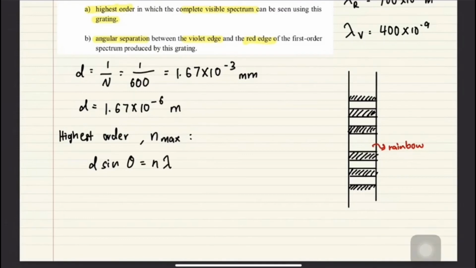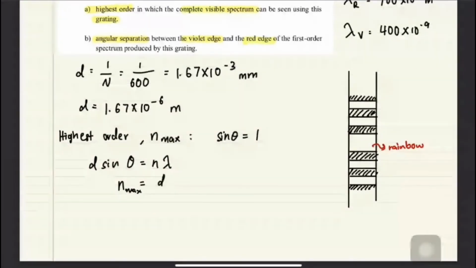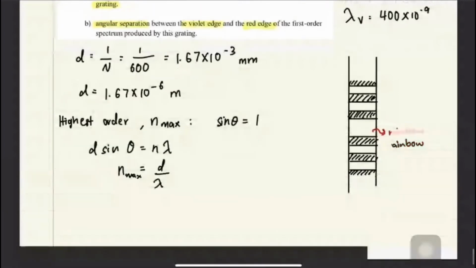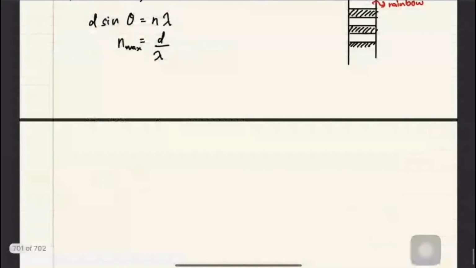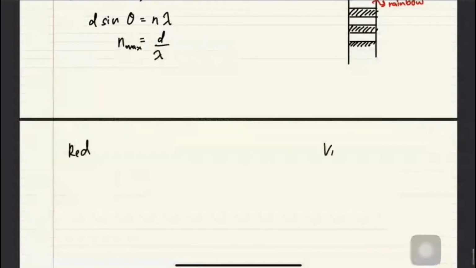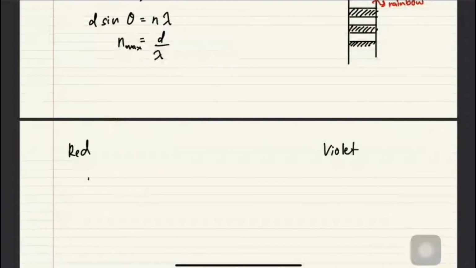For maximum n, sin theta equals 1, very good. So n max equals D over lambda. We calculate D over lambda for red and violet.